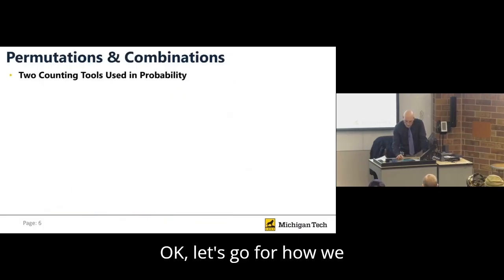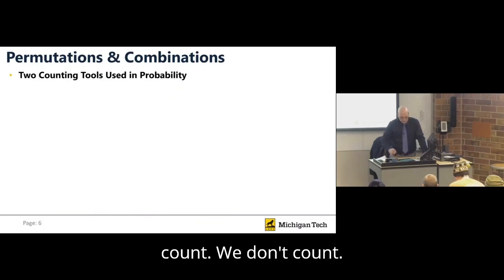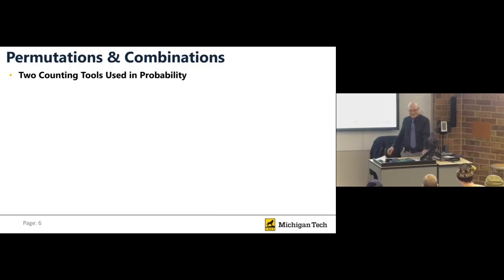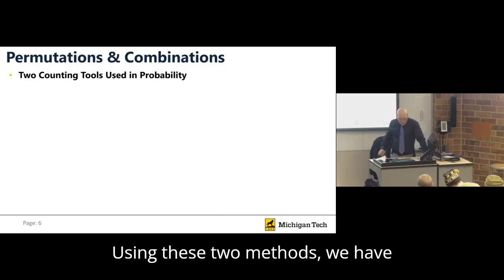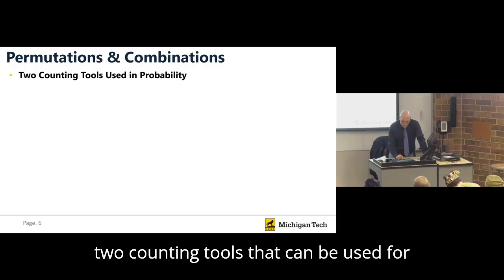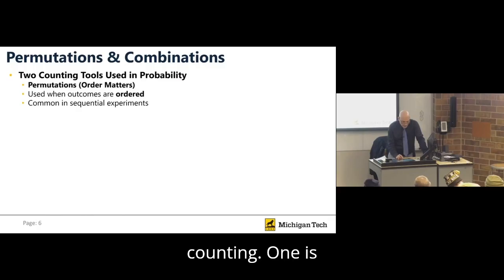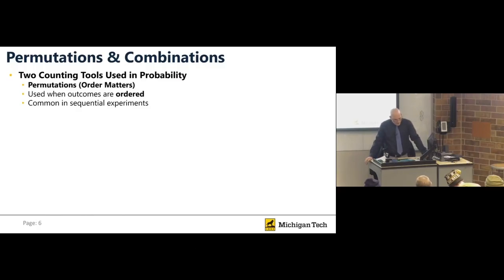Okay, let's go for how we count without counting, using these 2 methods. We have 2 counting tools that can be used for counting. One is permutation, where order matters.